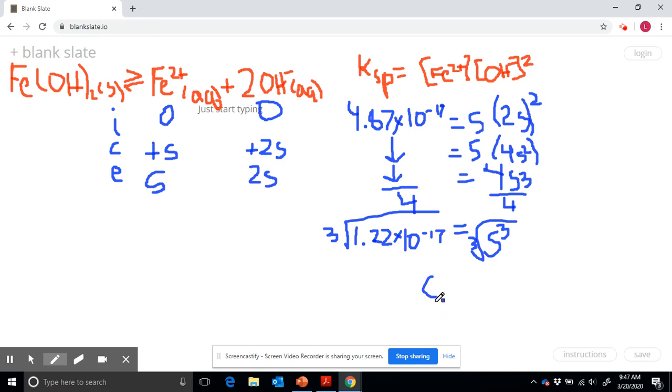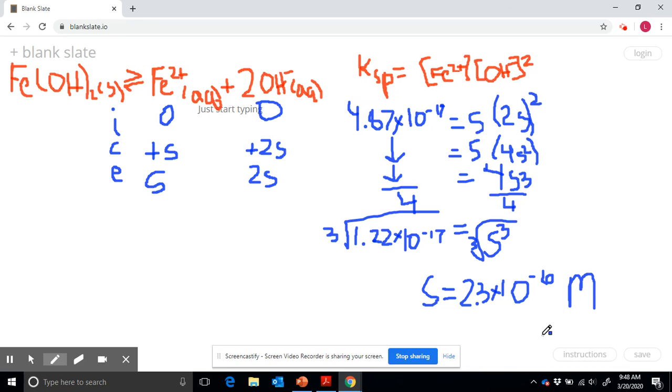So now we just have solved for S. So S equals 2.3 times 10 to the negative 6. That is in terms of molarity.